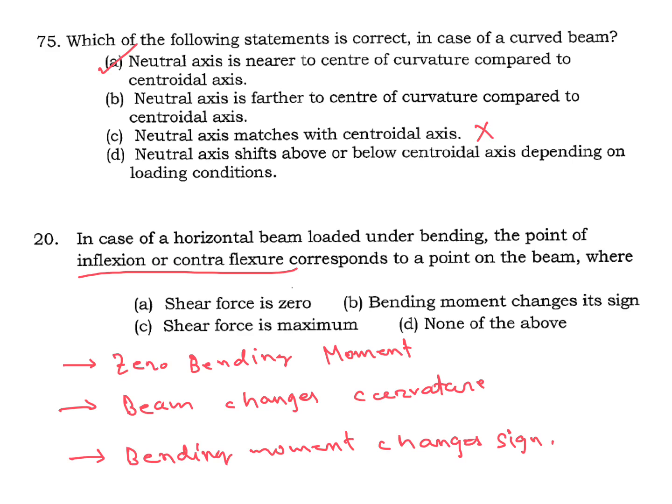From option it's B, bending moment changes its sign. All three are important. Anyone they can give in option, so you should remember all three.